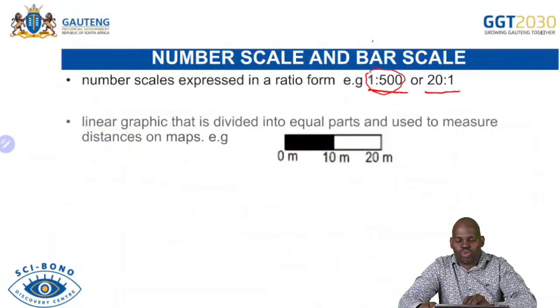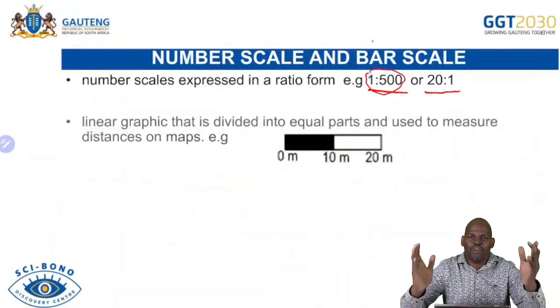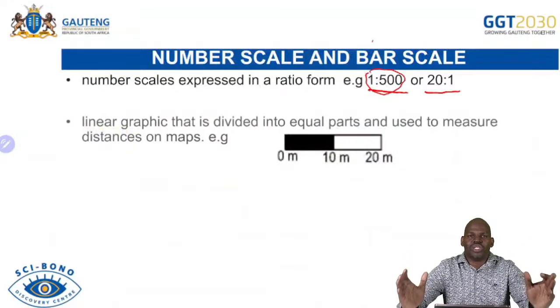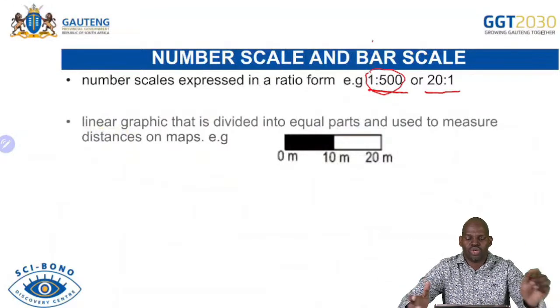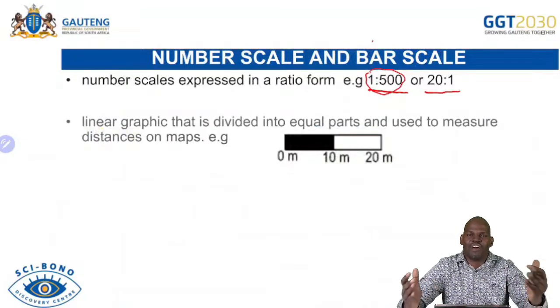If it's 1:500, it means the picture or the map that is given is 500 times smaller than what it is in reality. Think about the map of South Africa. If you see it on a paper, you will see that the map has been reduced.